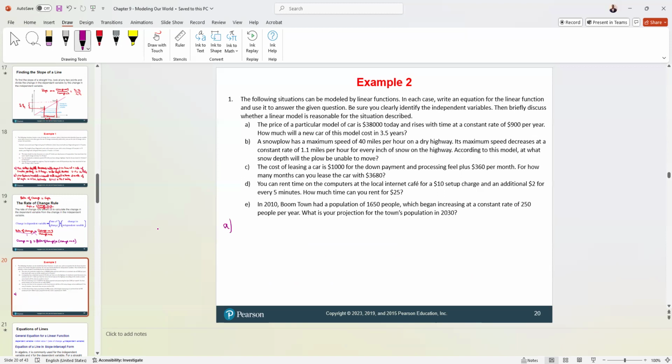The price of a particular model of car is $38,000 today and rises with time at a constant rate of $900 per year.